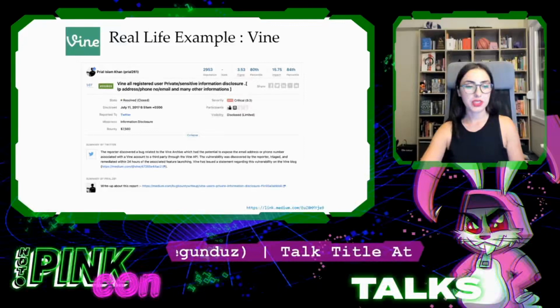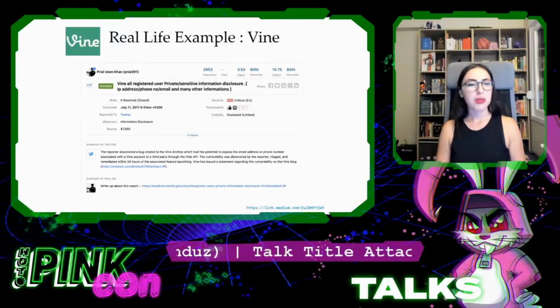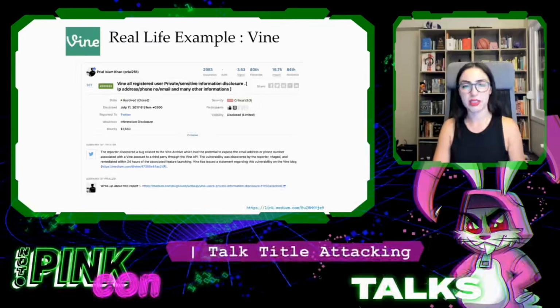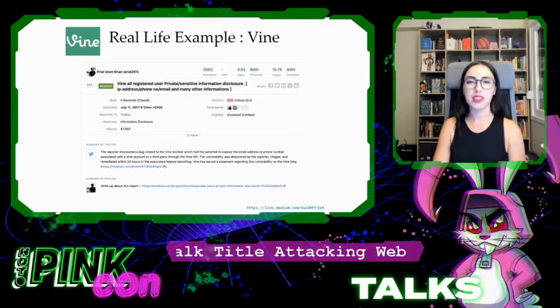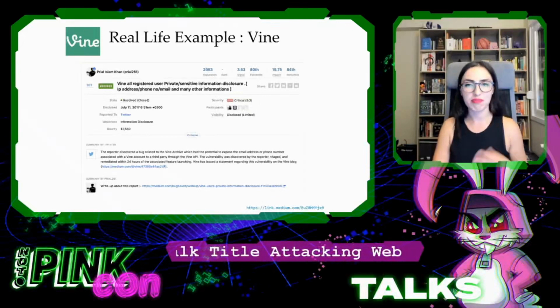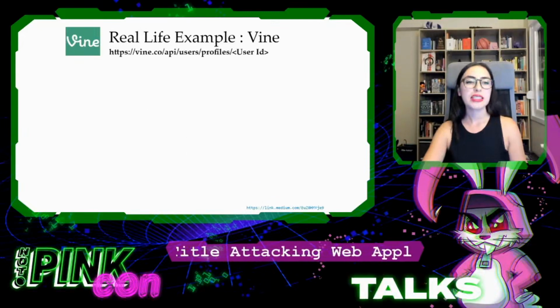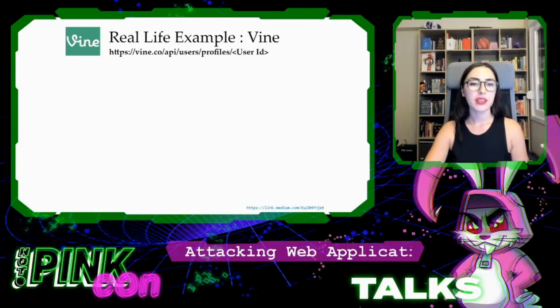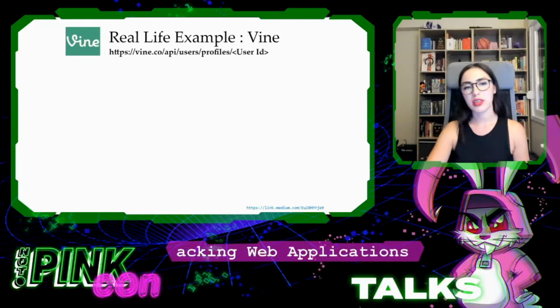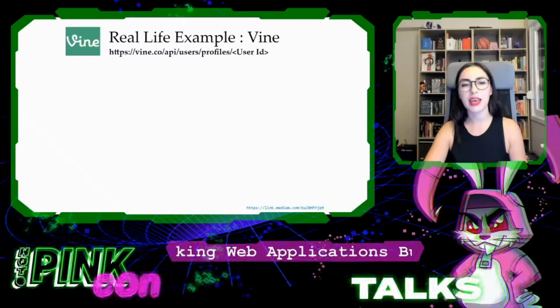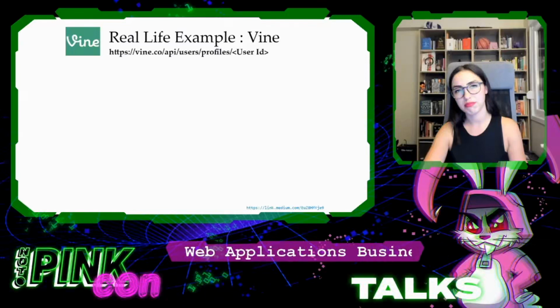The security researcher was able to access all users' private information in this example. So let's dig in more, because he wrote about it. This is the URL of Vine, and there are the user profiles, I assume we're reaching, and the user profiles come with a user ID, it says in here.